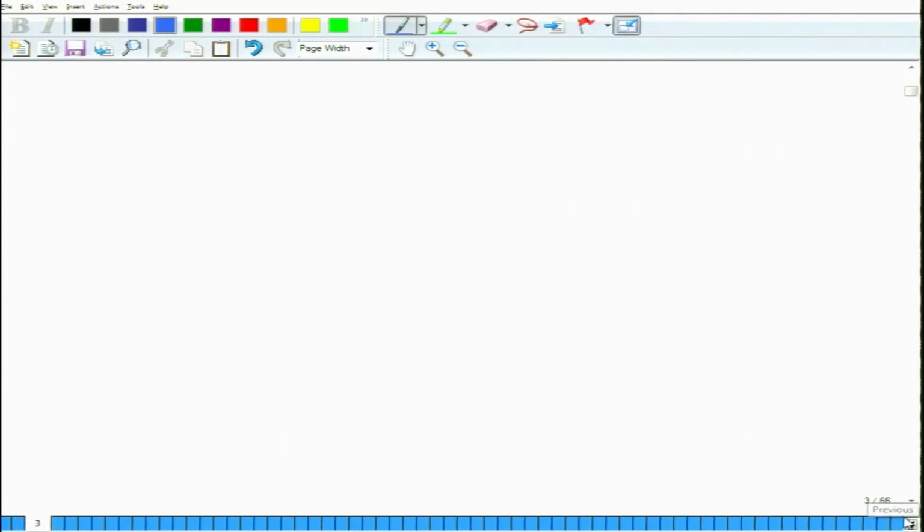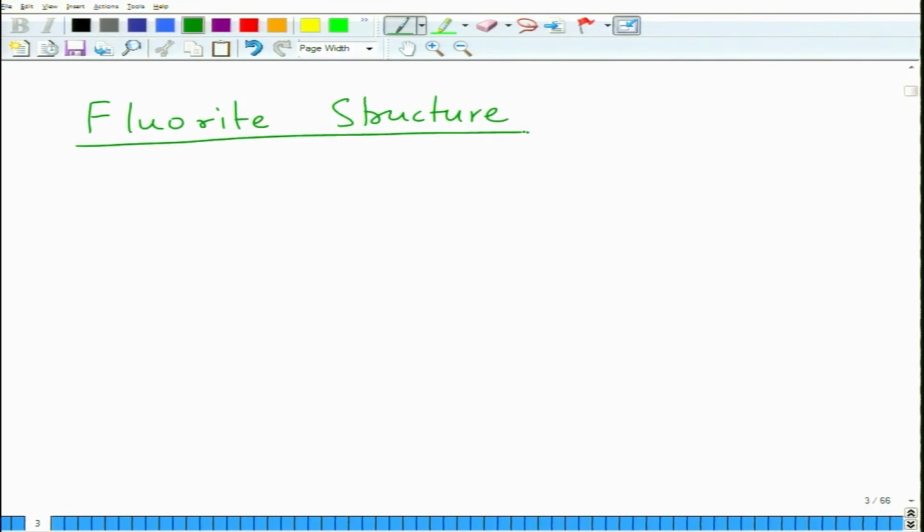The fluorite structure is based on the parent compound CaF2.